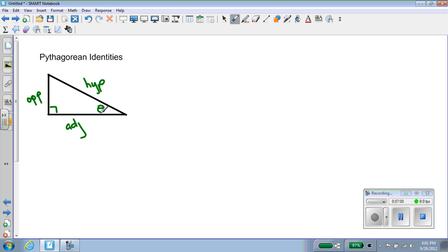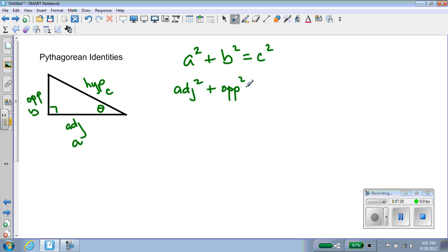Well, let's call the adjacent side A and the opposite side B and the hypotenuse C. The original Pythagorean theorem says a squared plus b squared equals c squared. So let's call this out in terms of opposite, adjacent, and hypotenuse. So it says the adjacent side squared plus the opposite side squared equals the hypotenuse squared.